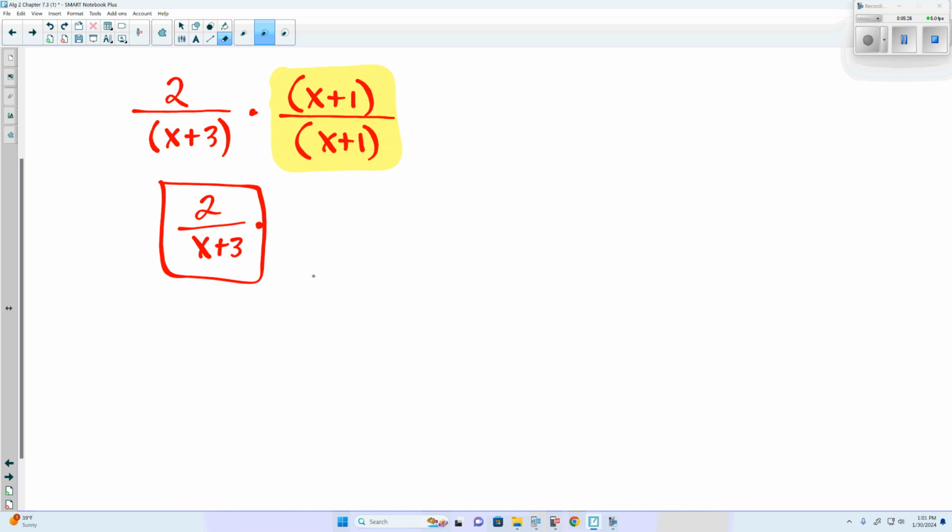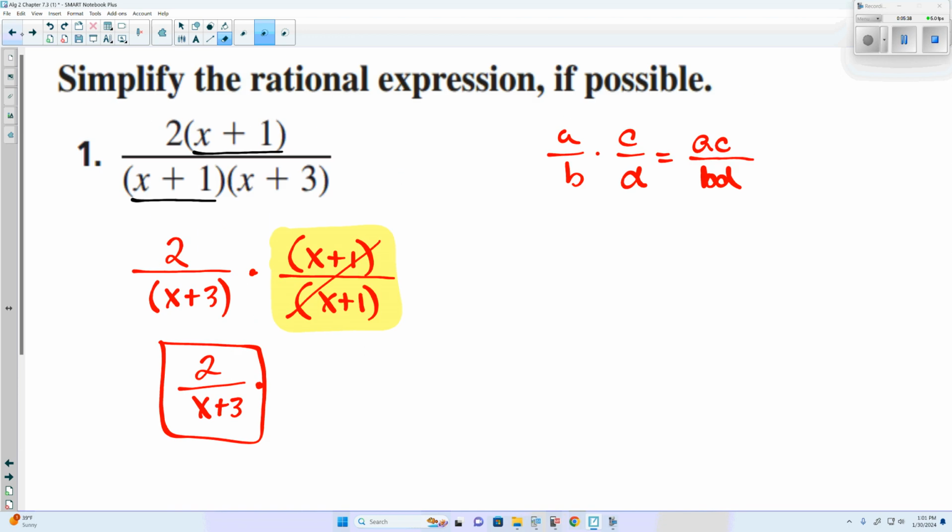So when we cancel it out or cross it out, this is what we're doing. We're just simplifying that term out. Because our x plus 1 over x plus 1 cancels each other out, leaving us with 2 over x plus 3. Because here, those cancel.